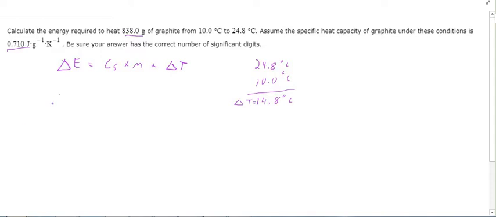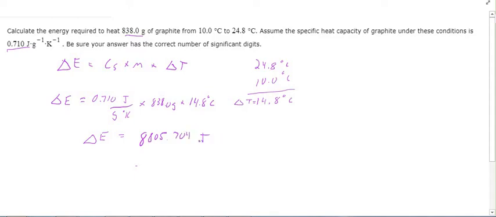I can then plug that in. Delta E equals the specific heat capacity, which is 0.710 joule per gram per degree Kelvin, times the mass, which is 838.0 grams, times the change in temperature, which is 14.8 degrees C. So if I do that math, then I get an answer of 8805.704 joules.